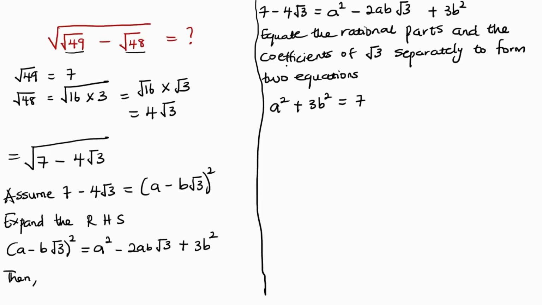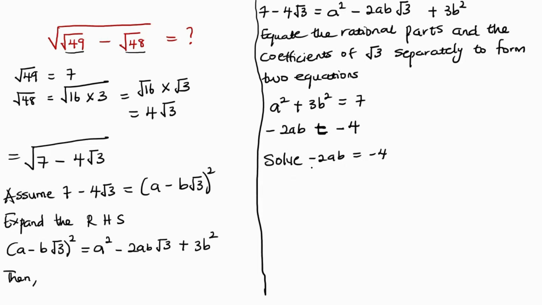Alright, now the coefficient of root 3. The coefficient of root 3 in the right hand side is minus 2ab, and the coefficient of root 3 in the left hand side we have to be negative 4. So this is equal to negative 4 right here. So let's solve minus 2ab equals minus 4.